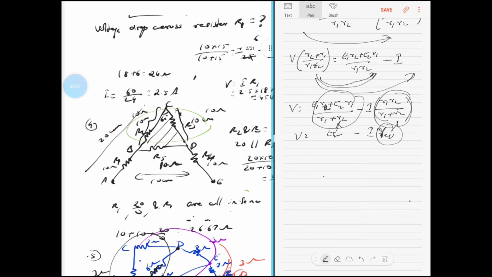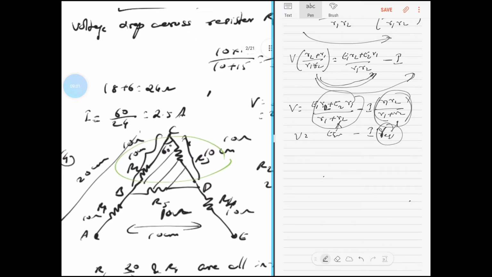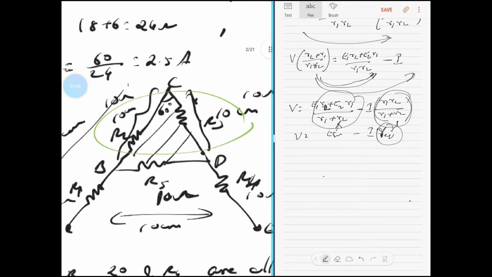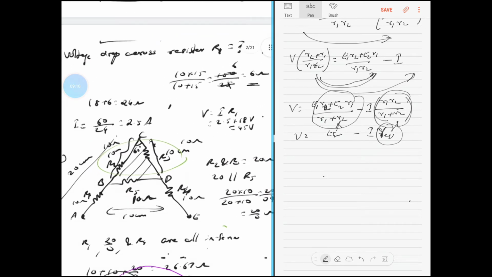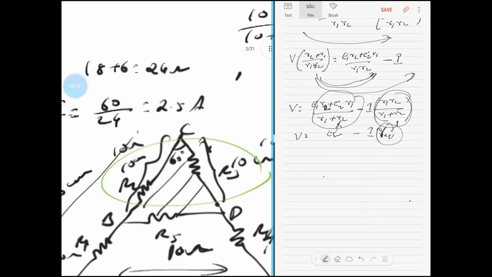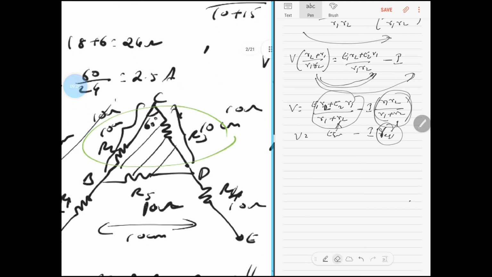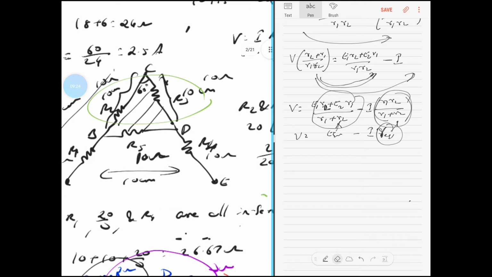So let's go to the fourth sum. I'm not writing all the sums because it's all self-explanatory. You have a connection like this. Can you see that R2 and R3 are just in series? So it's 10 plus 10, 20, and that's in parallel with R5, which is 10 ohms.